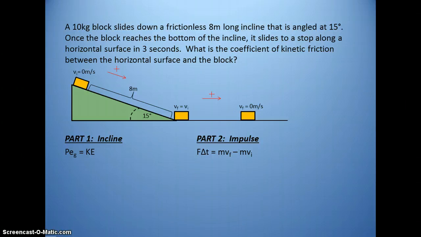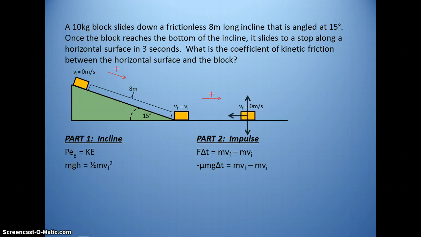Setting both sides up for part 1 on the incline, we have initially potential energy, and it's not moving, and at the bottom there's no more potential energy left, so we have kinetic energy. And for the impulse part, we have F delta t equals mv final minus mv initial as usual. If we substitute in our math, on the left side we have mgh equals 1/2 mvf squared, and for the impulse we have the force of friction acting for some time.